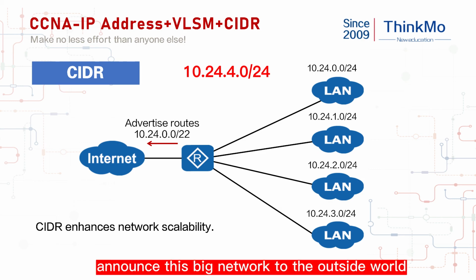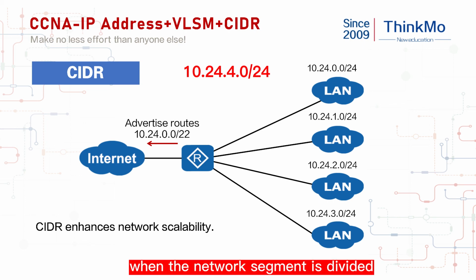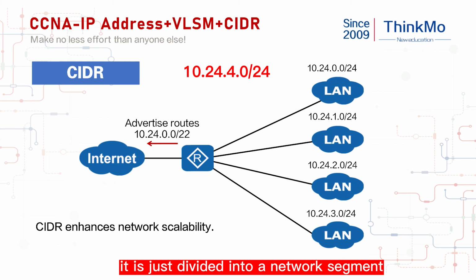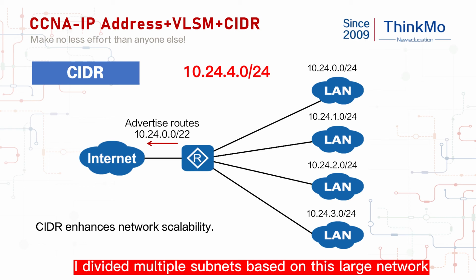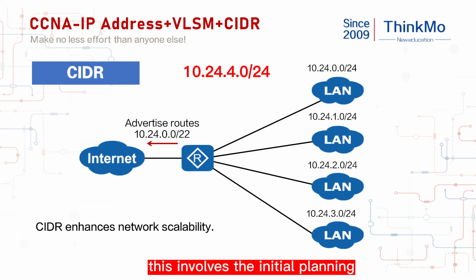Announce this big network to the outside world. Later, when the network segment is divided, it is just divided into network segments within this large network. Very beautifully planned. That is, in the early stage, I divided multiple subnets based on this large network and announced this big network to the outside world. This involves the initial planning.